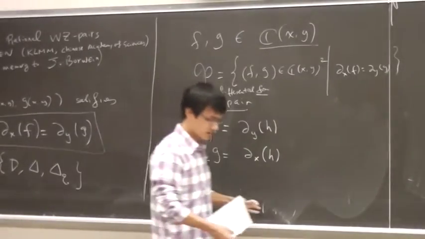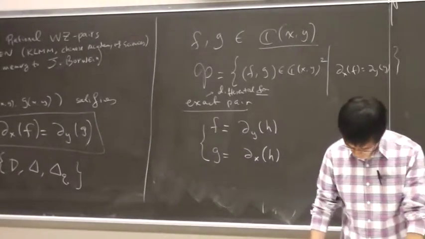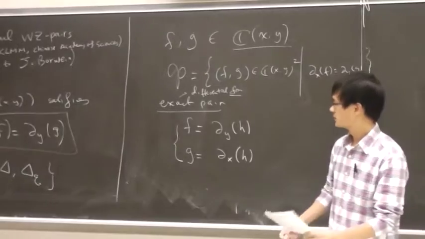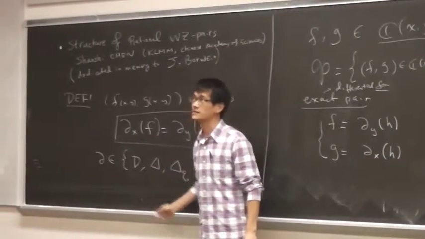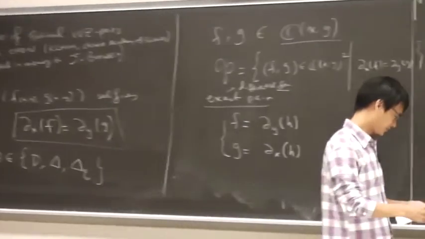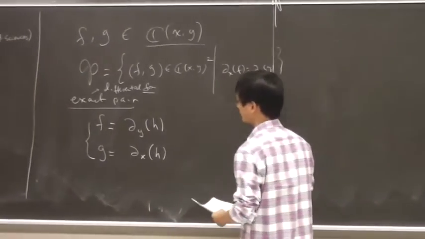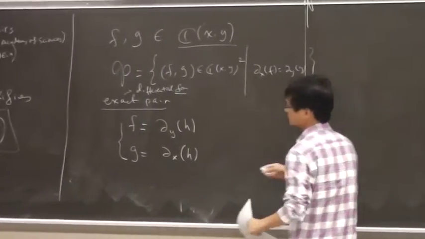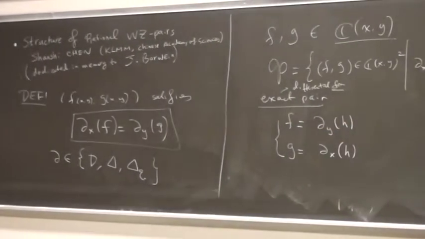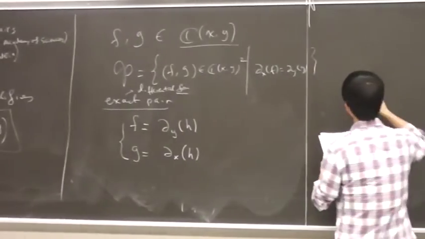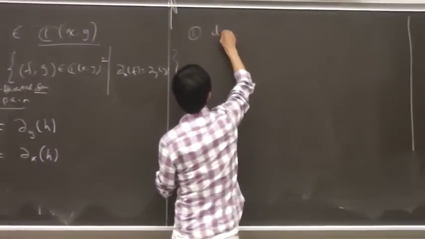Now we need to distinguish some cases, because I need to pick out different types of these pairs. The first natural case is when both partial x and partial y are derivations with respect to x or y. I call this the differential case.